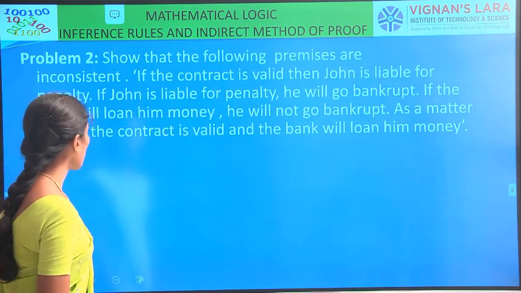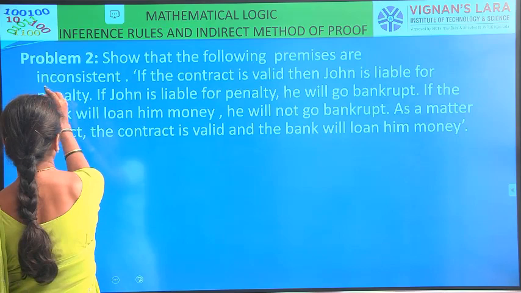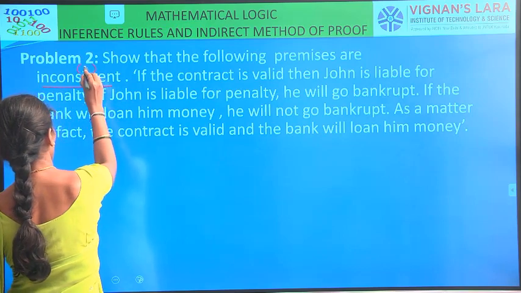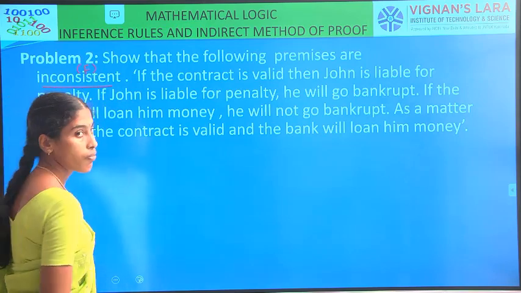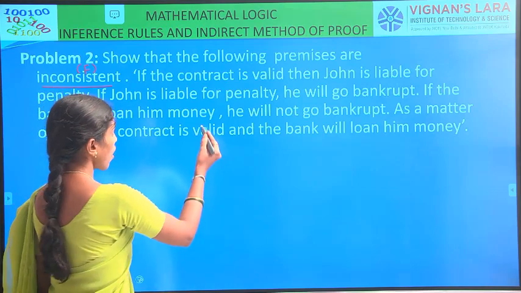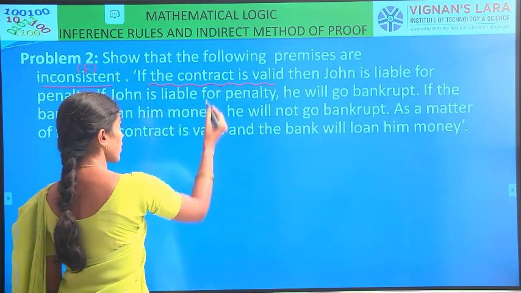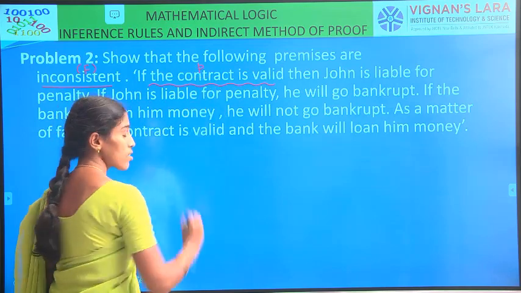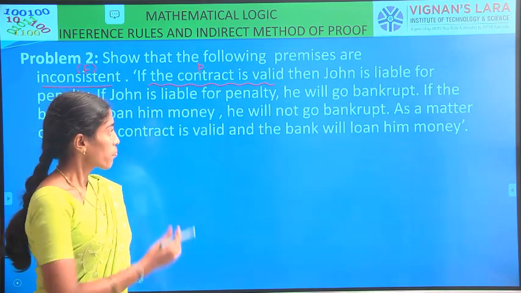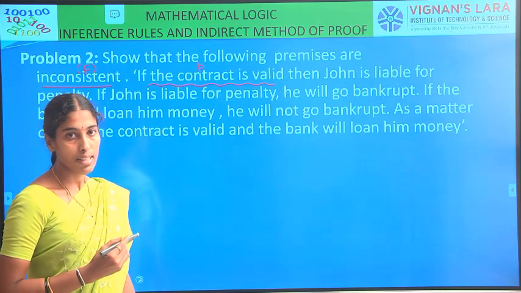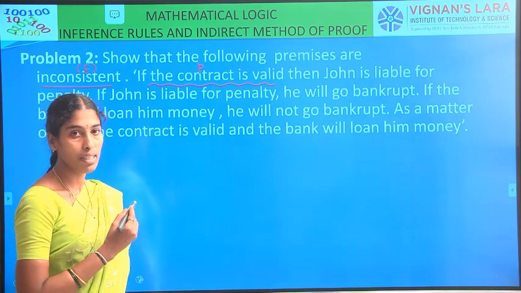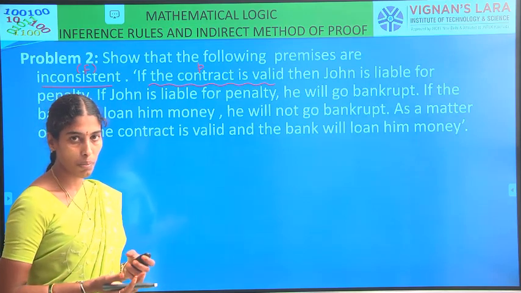Prove that the following premises are inconsistent. Again we need to conclude that finally it is false. Since the given problem uses English sentences, we have to convert the sentences first in terms of premises.